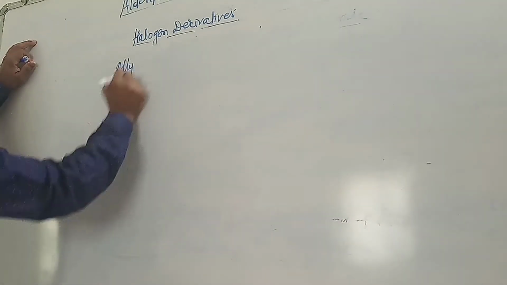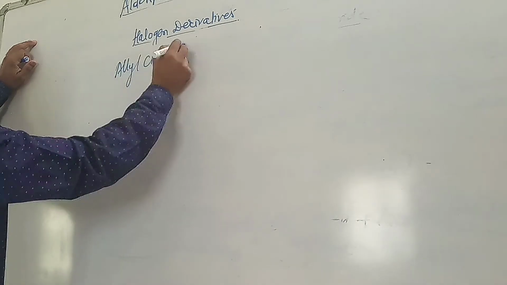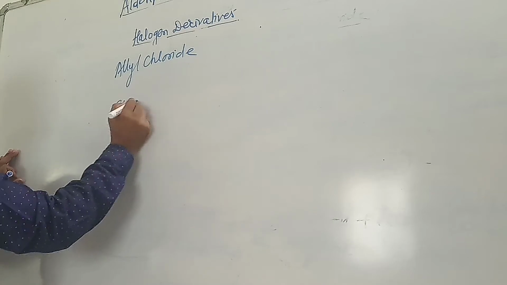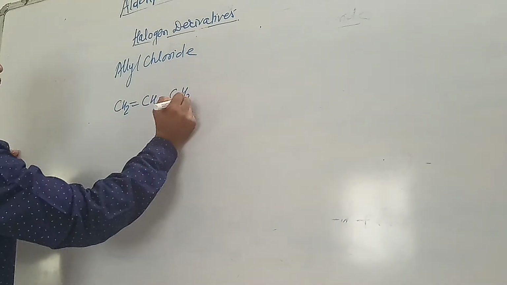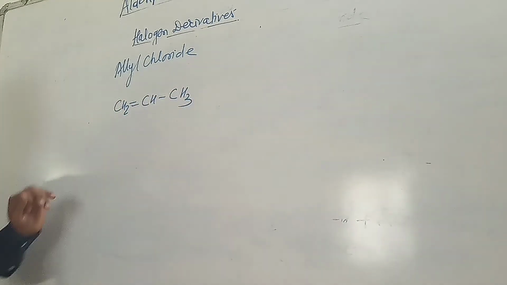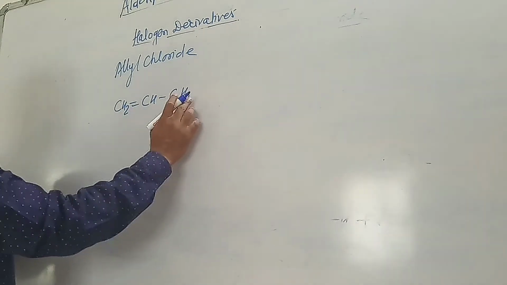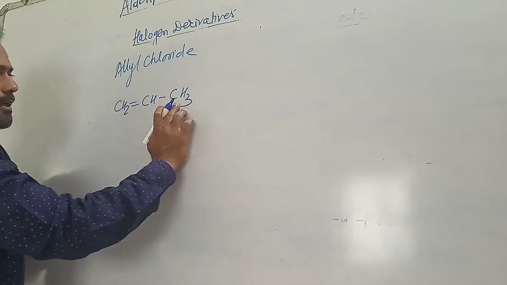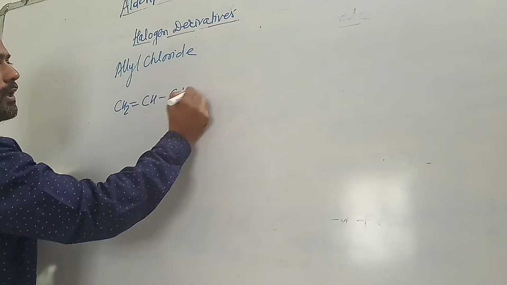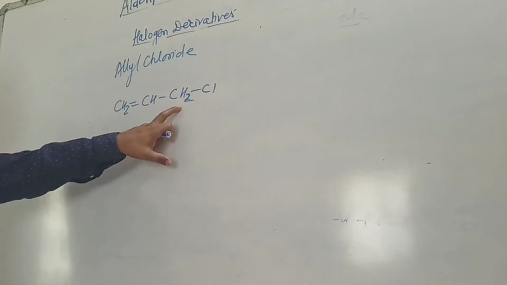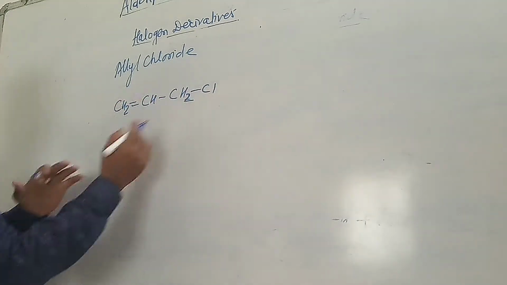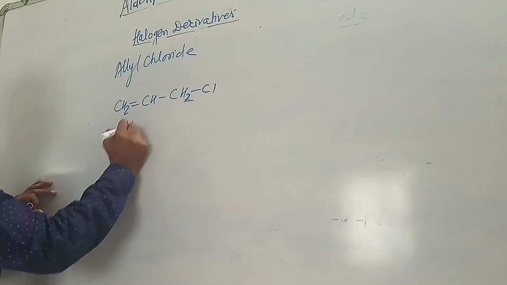The structure of allyl chloride: whenever one hydrogen atom from the methyl group in propene is replaced by a chlorine atom, the compound formed is called allyl chloride.